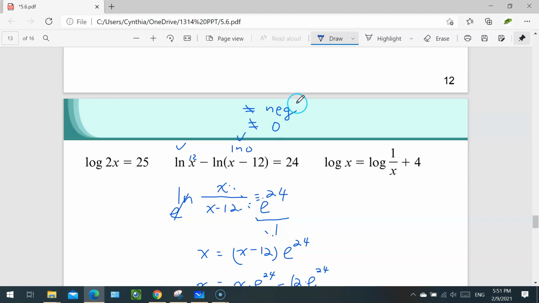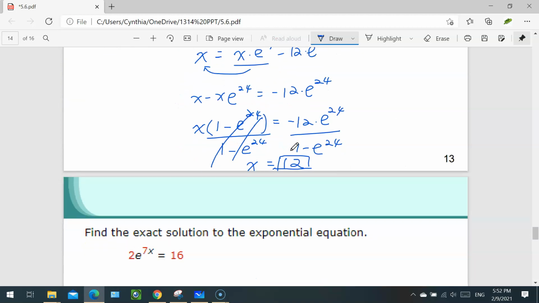So when the solution you solved turns into a negative number or a 0 when plugged back in, you have to exclude it. So 12, even though we solved for it, we cannot take it, so it is undefined, or no solution. Probably we'll put no solution.